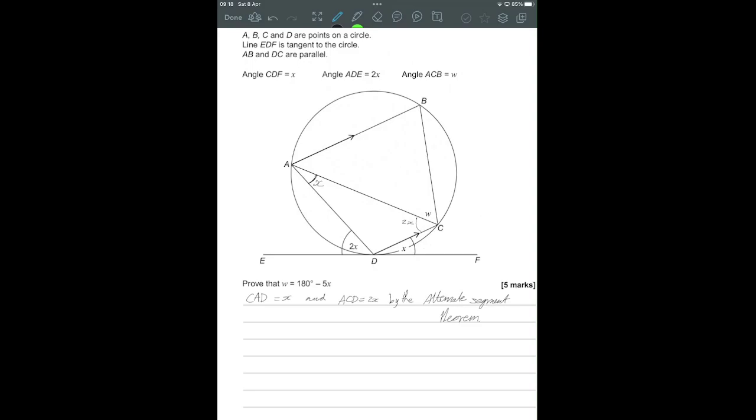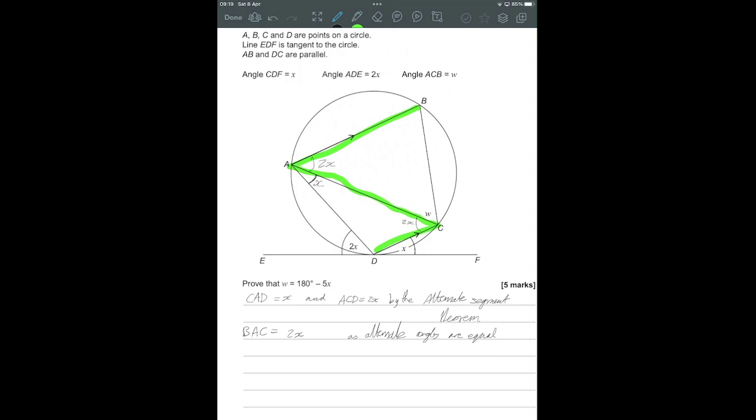Okay, so I've used the tangent idea. Well, now let's use the Z shape we spotted. So this here is a Z shape using the parallel lines. So that's going to tell me that BAC matches the angle ACD equals 2x as alternate angles are equal. So I have that up here. I also have a 2x.